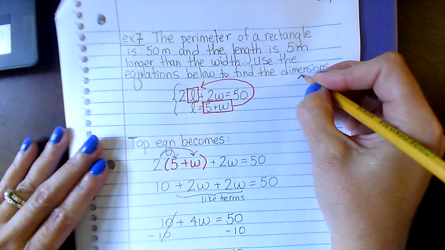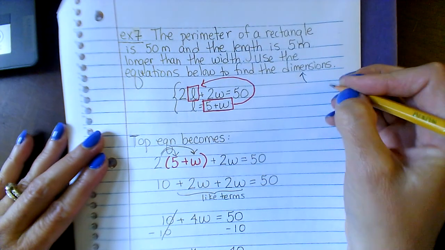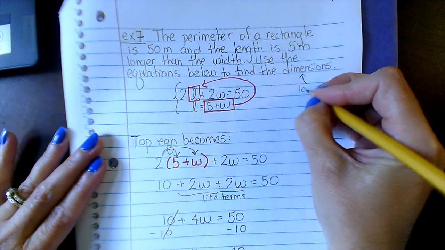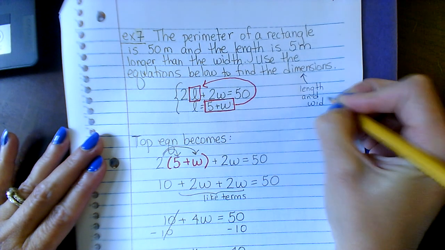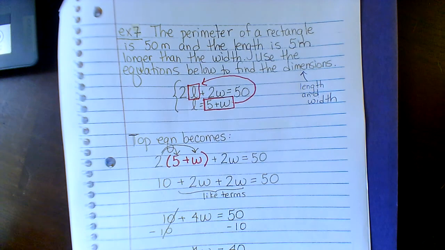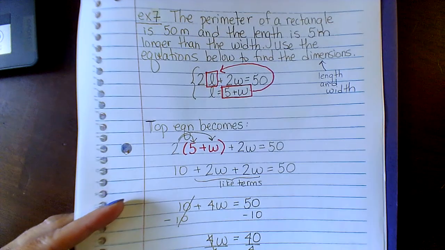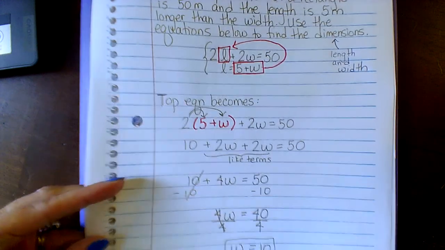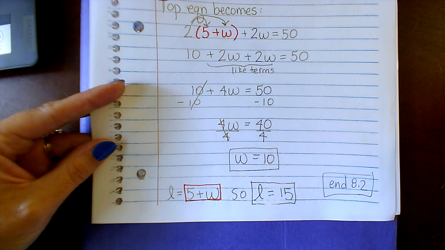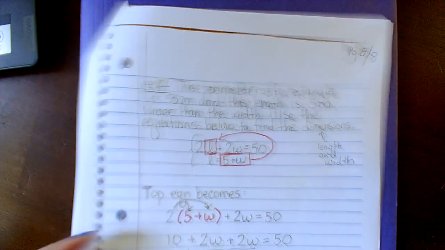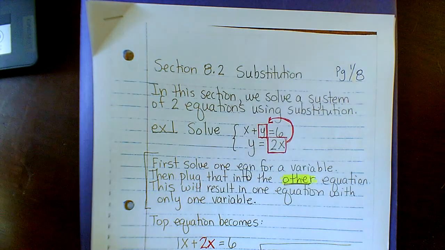So when it says dimensions, that's a shortcut for saying the length and the width. If the problem asks you for just the length or just the width, then you don't have to solve for the other one. If it asked for just the width, you could have stopped right there. So, okie dokie. That does conclude section 8.2 on substitution.